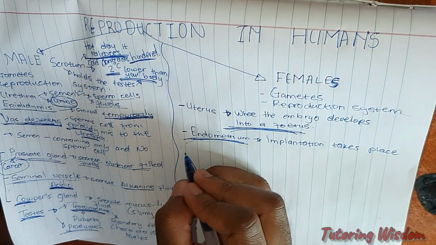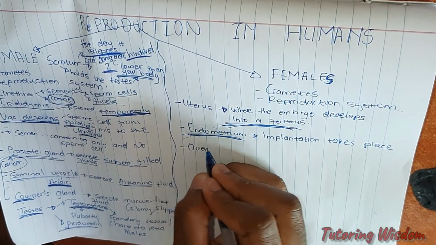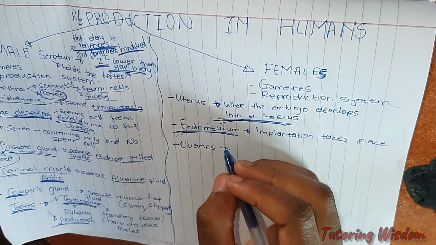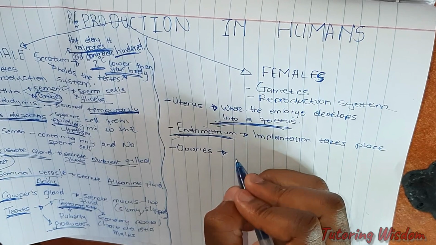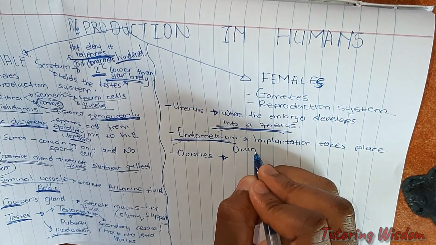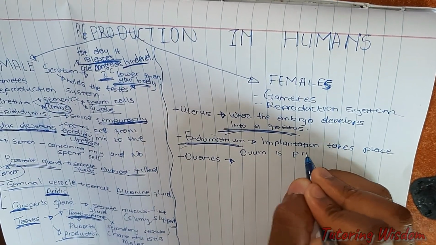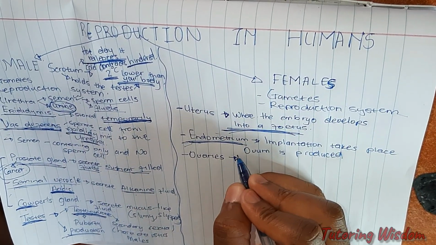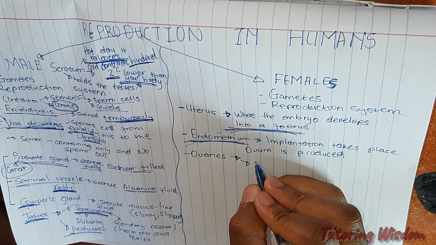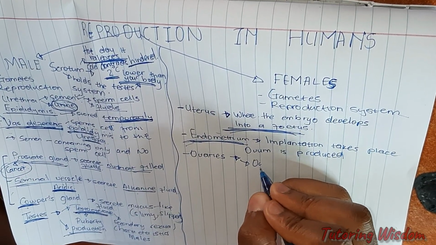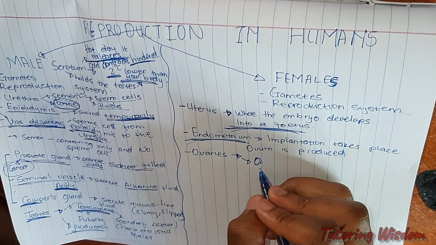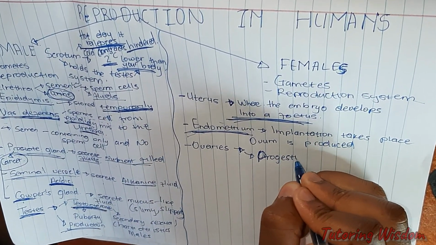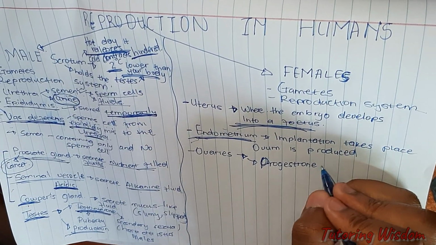Then the next part, we have your ovaries. In the ovaries, that's where your ovum is produced, right? And that's where the two female hormones are produced, progesterone and estrogen.